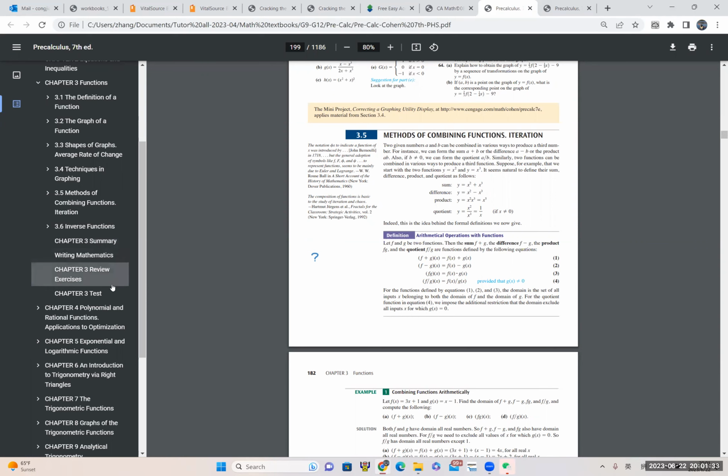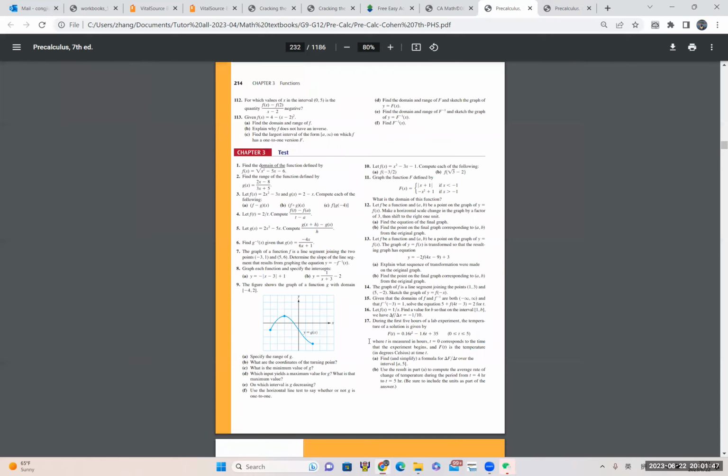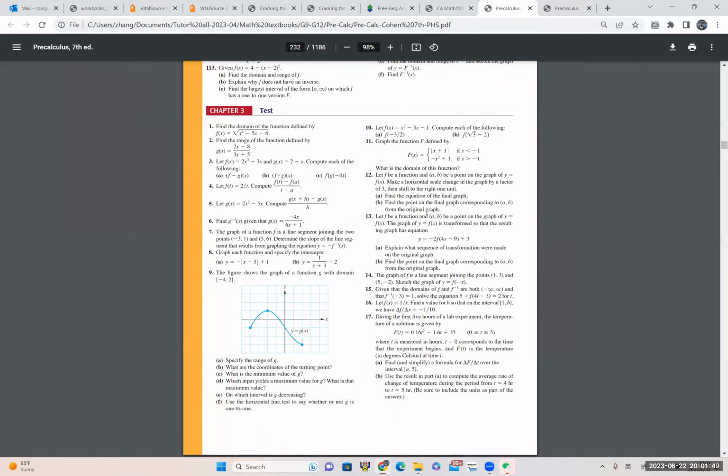Then homework: how about just going to the chapter test? You do it, and you can take it as the whole chapter 3 test. But if you meet some problem you cannot do, just mark it. Maybe it's related to sections 3.5 and 3.6. But if you are okay with all the problems, that means we should pass this chapter, right? Okay, thank you.